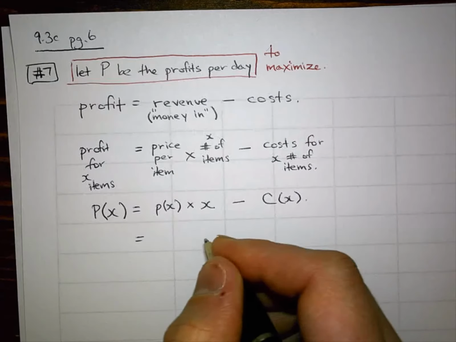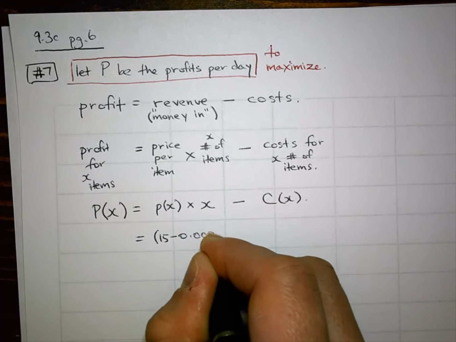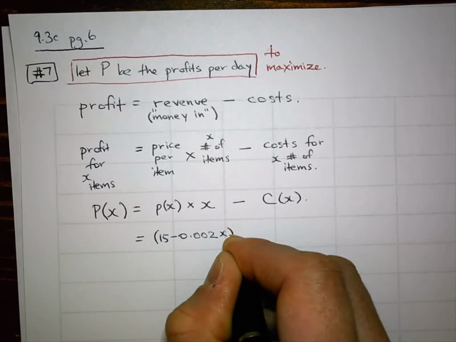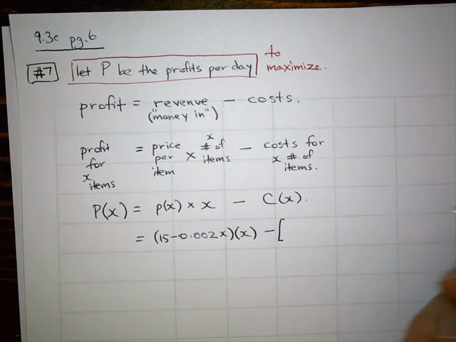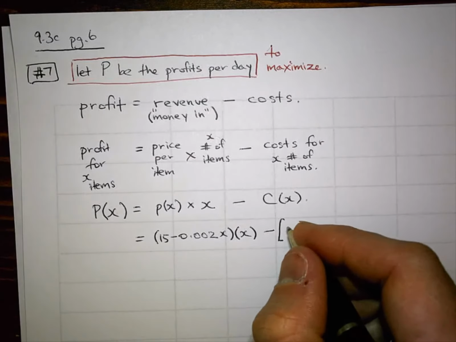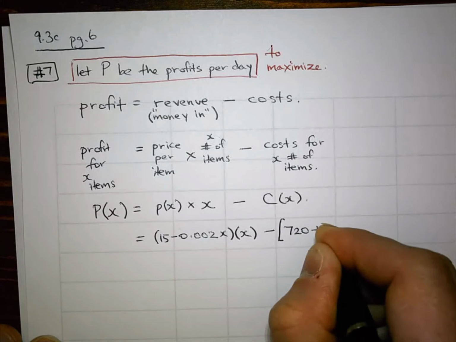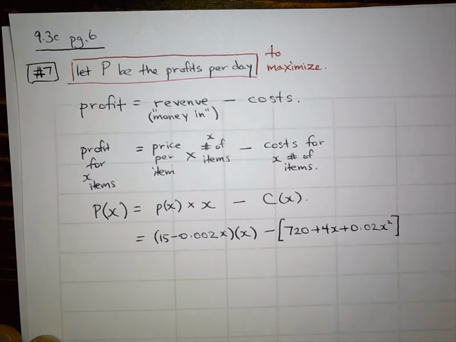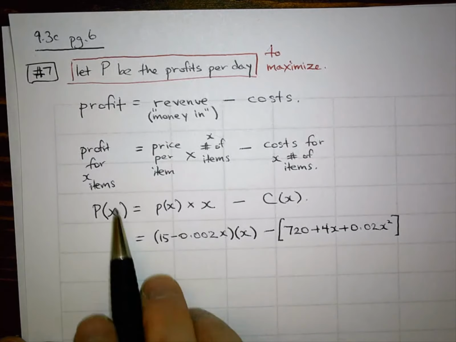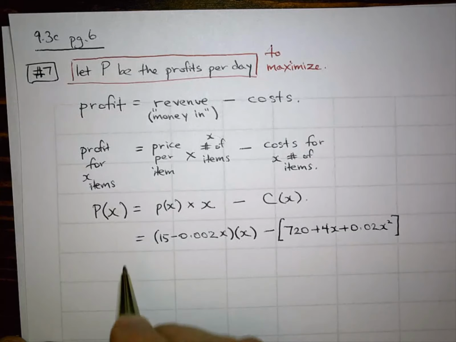So if I want to sub in my values, I end up with 15 minus 0.002x, that's my price function, times X minus, and then let's put in the cost function, which is 720 plus 4x plus 0.02x squared. That's getting there now. This is the profit function. Profit as a function of one variable x, which is the number of items.